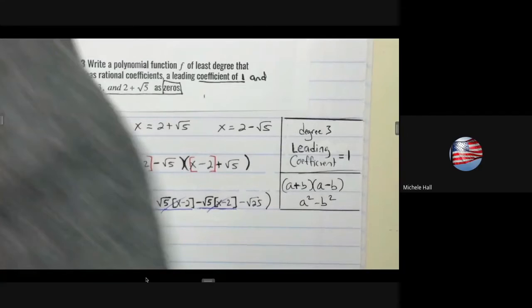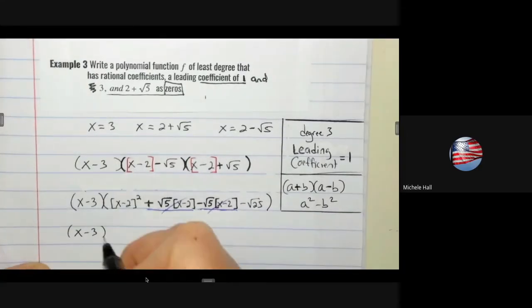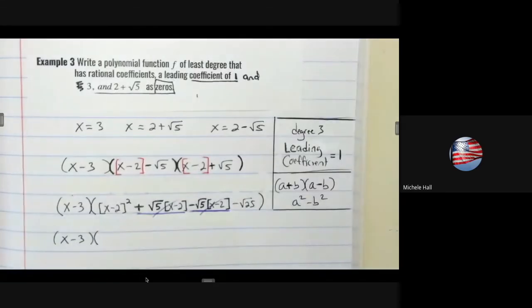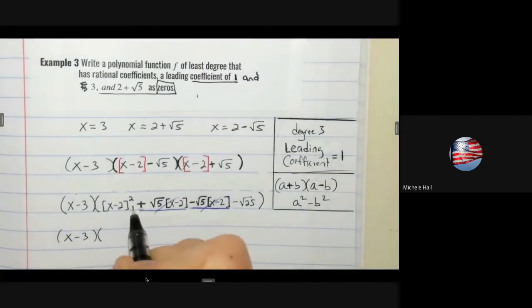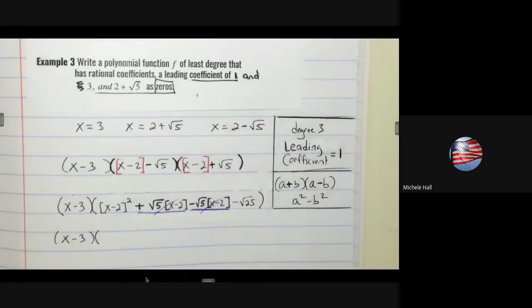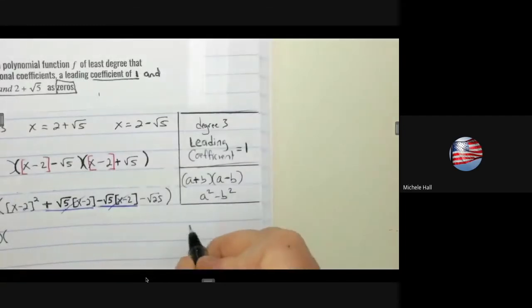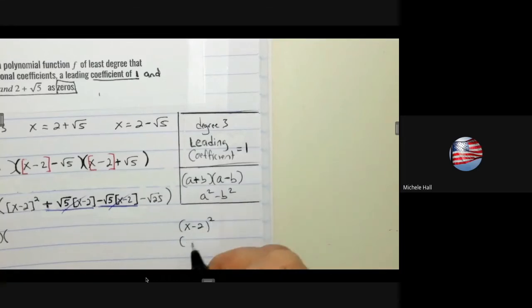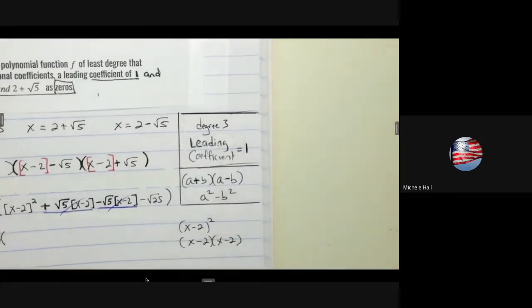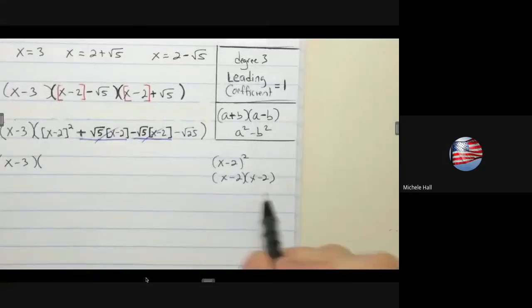We are left with x minus 3 times, we need to expand out x minus 2 squared. We are going to practice using the binomial squared without having to expand it out. But if you need to go off to the side and do x minus 2 times x minus 2, then that's what you will do.